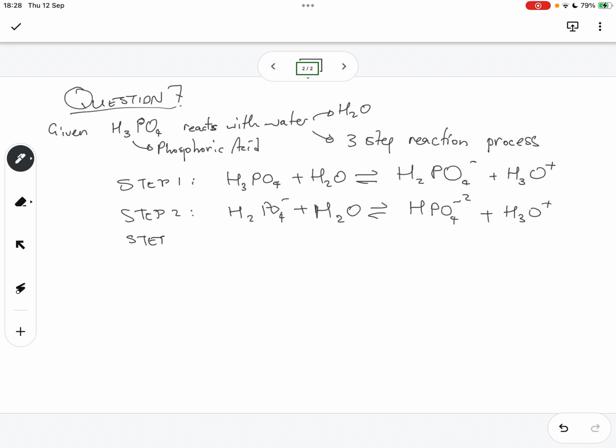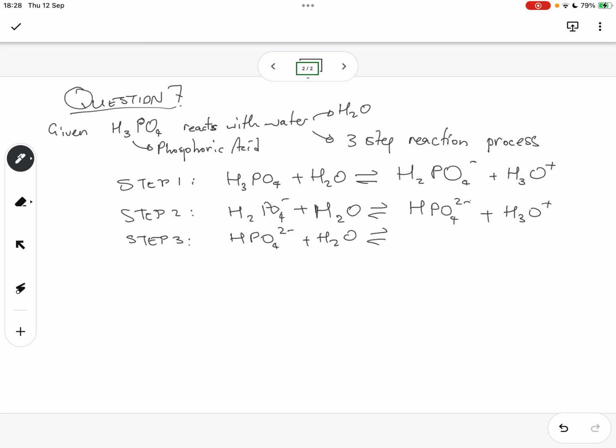And then step 3 gives us HPO4 2 minus plus H2O.